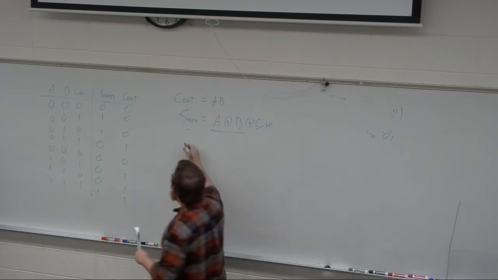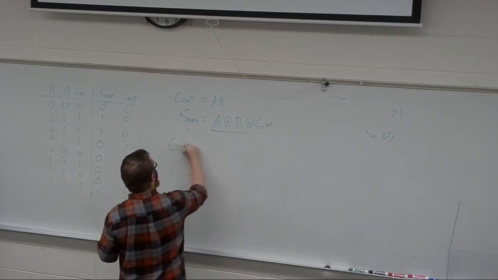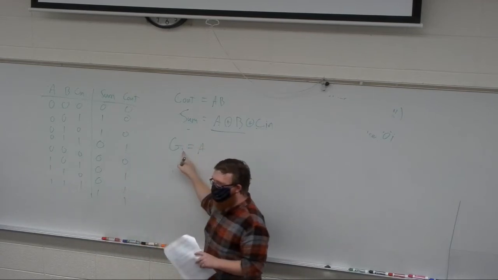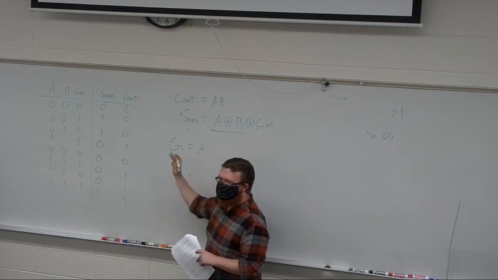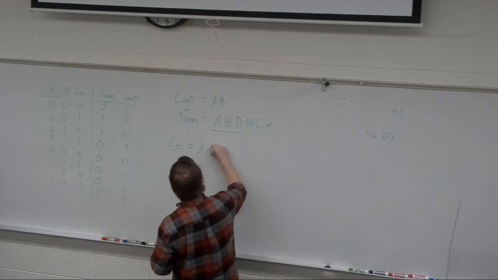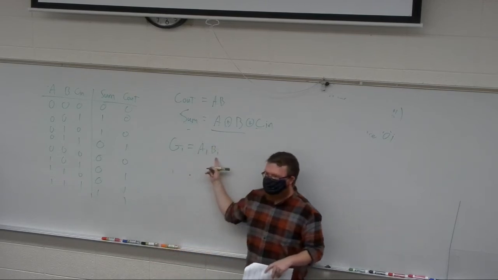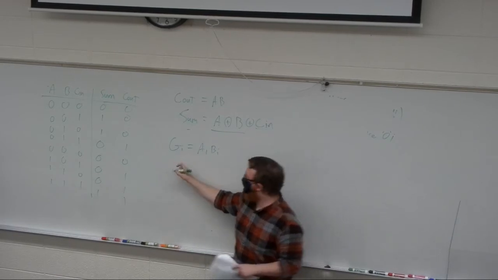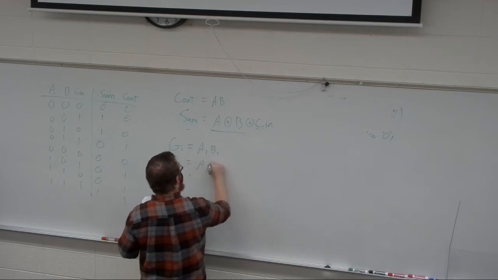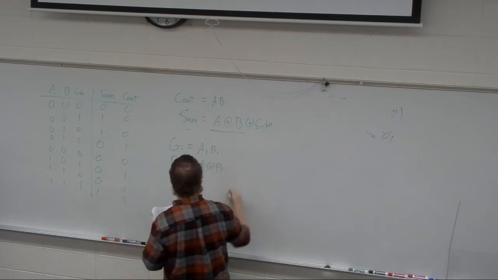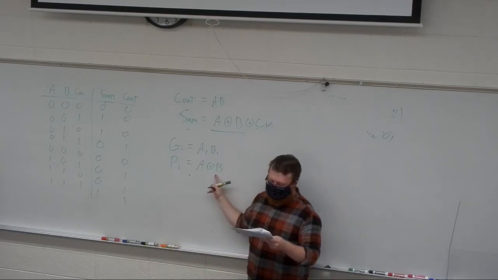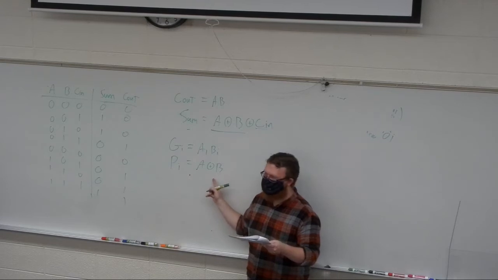Okay, so let's define this more explicitly. I generate a carry at a given fast adder location. So right, we're adding bits together. I generate it at a given location if I have A and B at that location. I propagate a carry at a given location with A XOR B at that location.